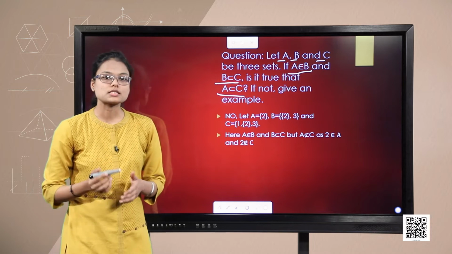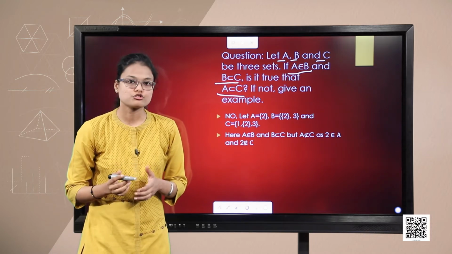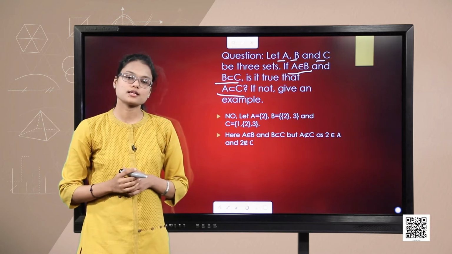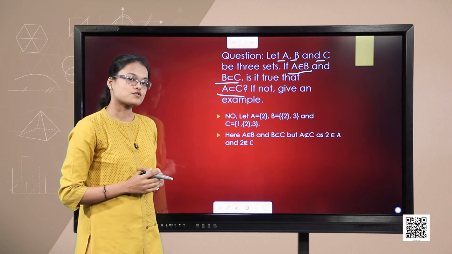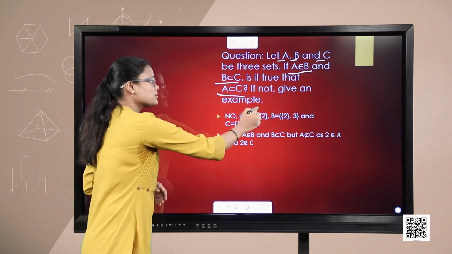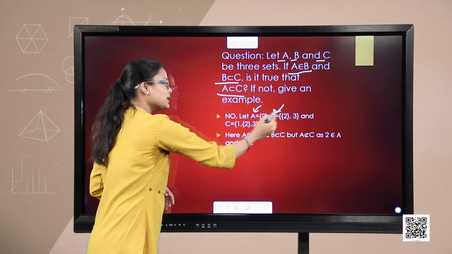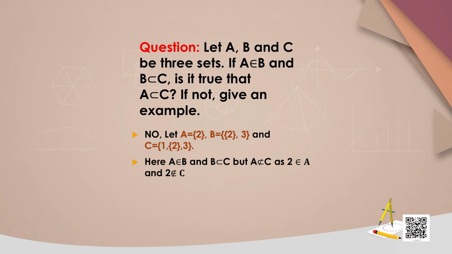Yes, you may see that it is not true. So, let us take an example and see why it is not true. Here we have taken three sets A, B and C. A is a singleton set consisting of a single element 2.